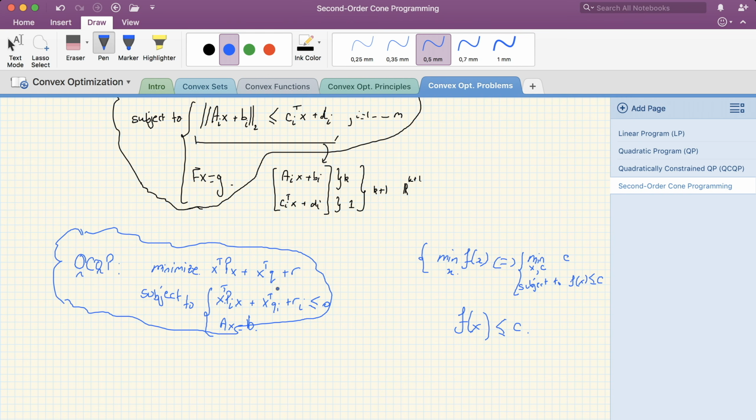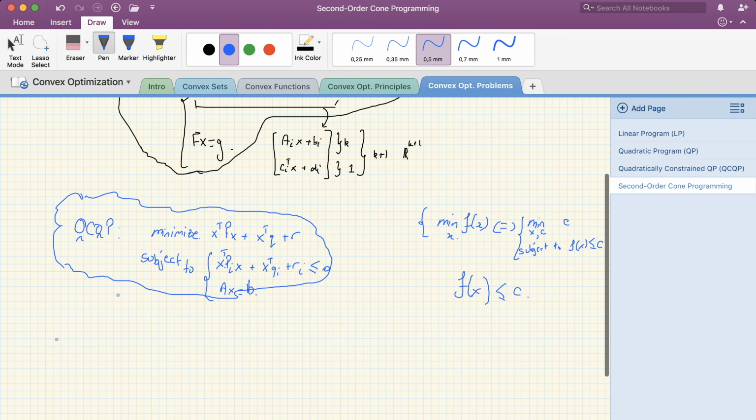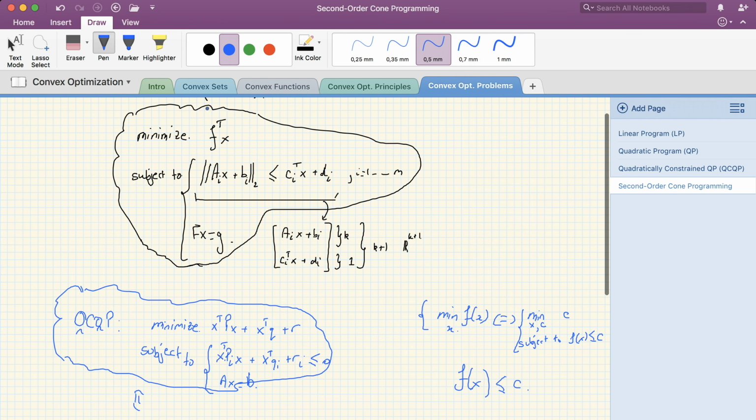We're going to do the same thing here. We're going to write an equivalent problem. So minimize with respect to x and c, only c, which is of course linear, right? So now SOCP is starting to show up.